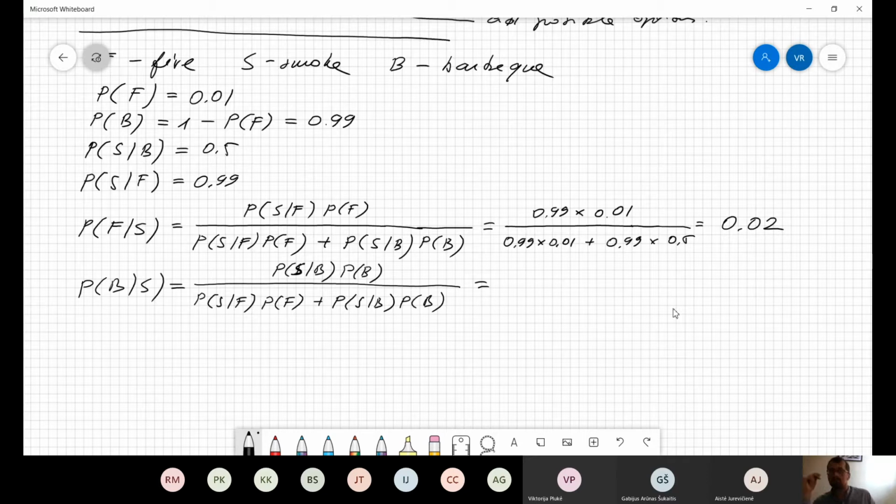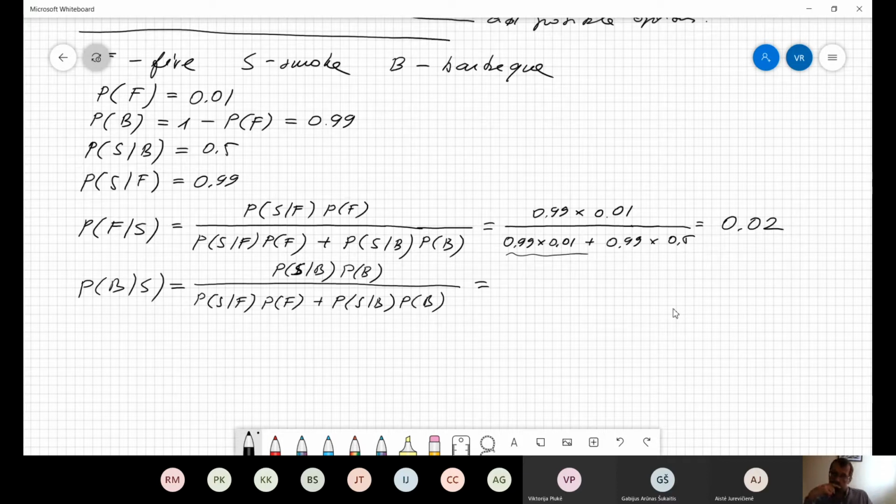And since we don't have any other options for the smoke to be observed by... I think you think that the denominator is wrong. Smoke given fire, probability of fire, plus probability of smoke given barbecue. You say that these numbers are wrong?